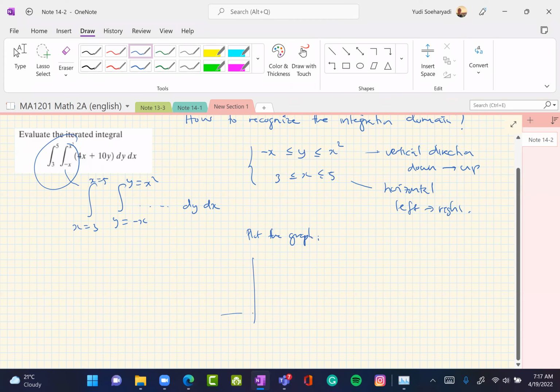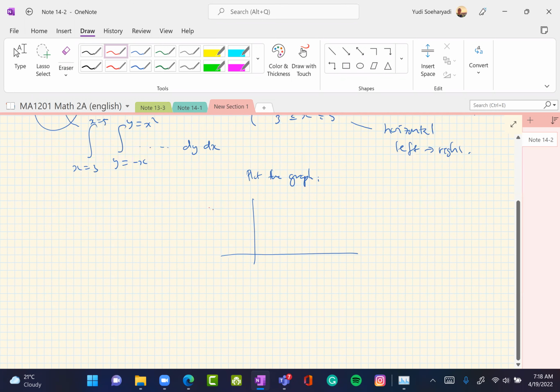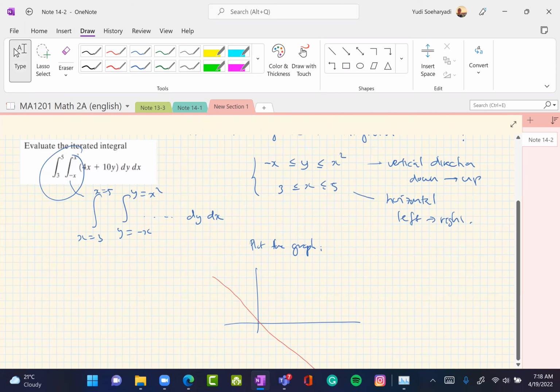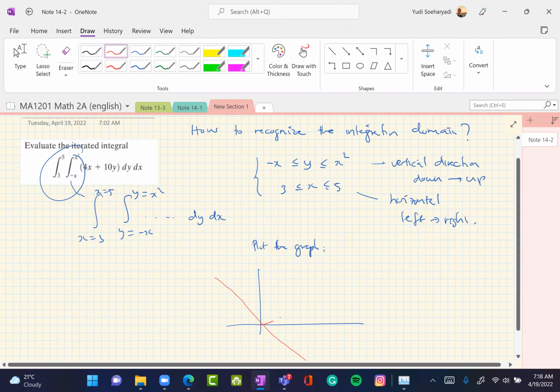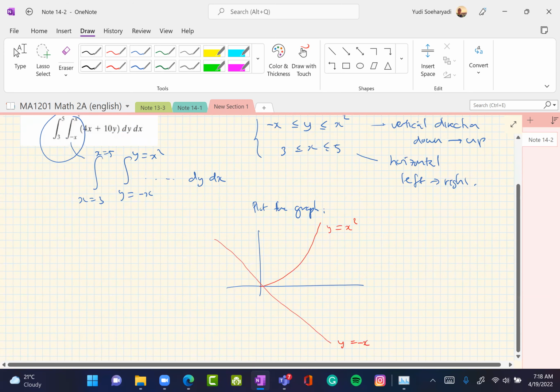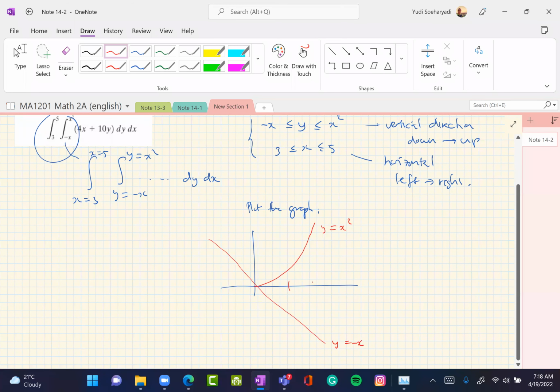So in this case, you have y equals minus x, and y equals x squared. Okay. So between 3 and 5.